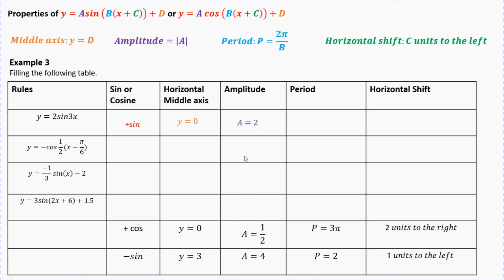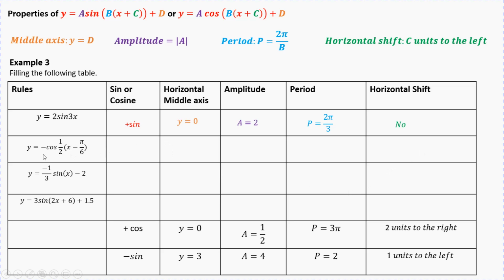Period, which is related to the number in front of x, so it should be 2π over 3. All right, the number in front of x is 3, so that means letter b is 3, and the period should be 2π over 3. Any horizontal shift, any number added to x? No, so there's no horizontal shift.